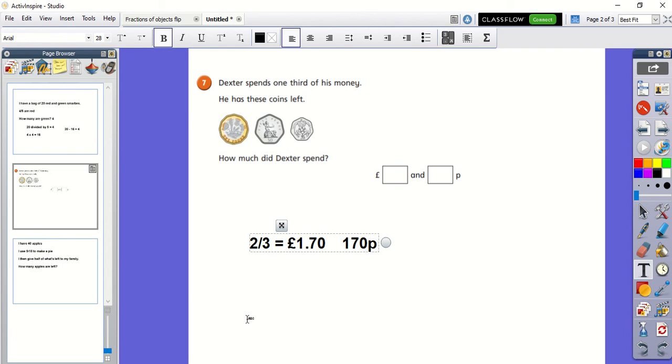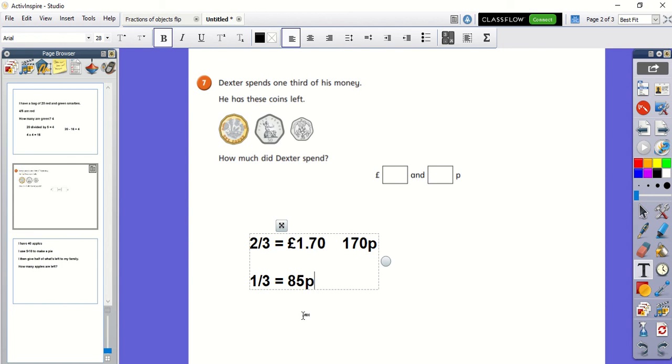We need to find 1/3 because that's how much he actually spent. So to do this, I can just half 170 because half of 2/3 is 1/3. So 1/3 equals, well, half of 100 is 50, half of 70 is 35, 50 add 35 is 85.